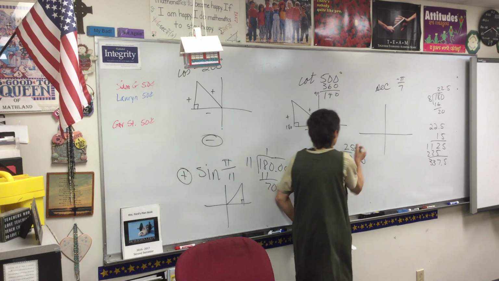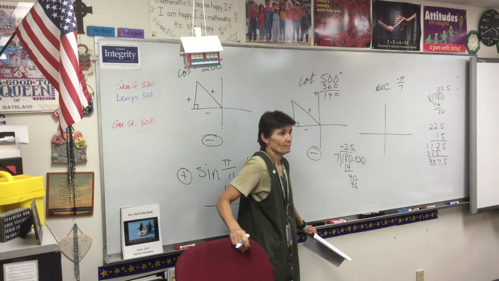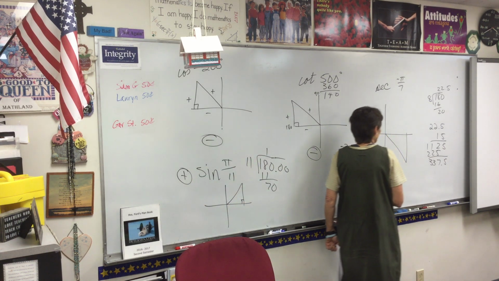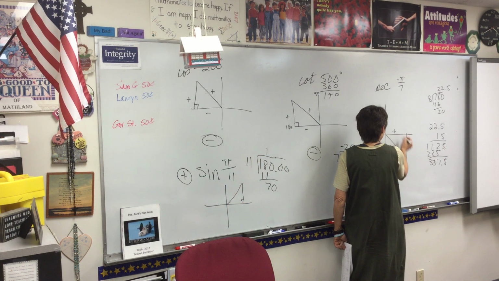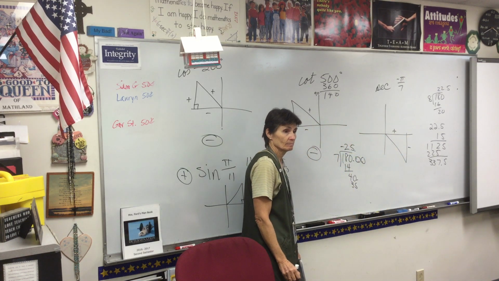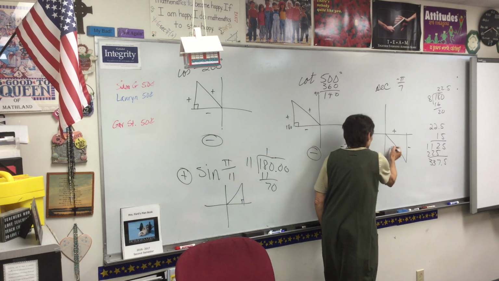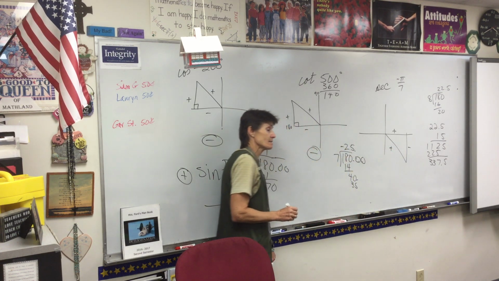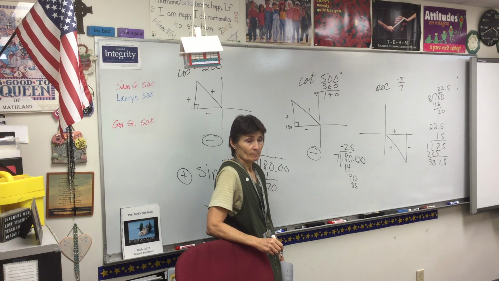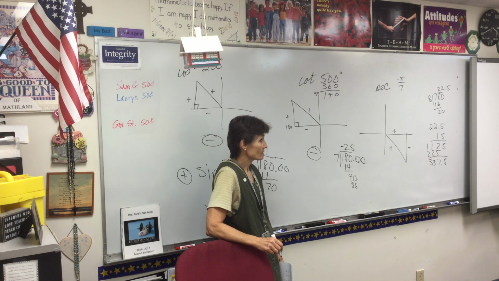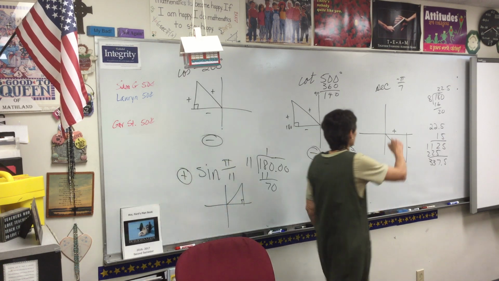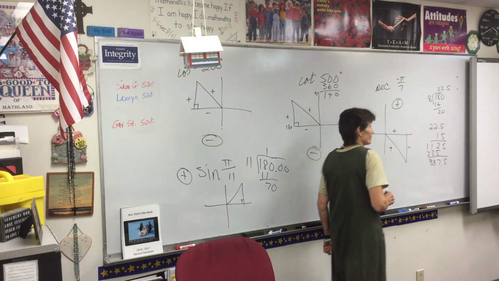Oh wait, it's negative. So which quadrant would it be in? 4. And in quadrant 4, this is positive, but this is negative. And that's positive, of course. So we want the secant. So which sides am I looking at? Hypotenuse and adjacent. And they're both positive. So the secant will be positive.